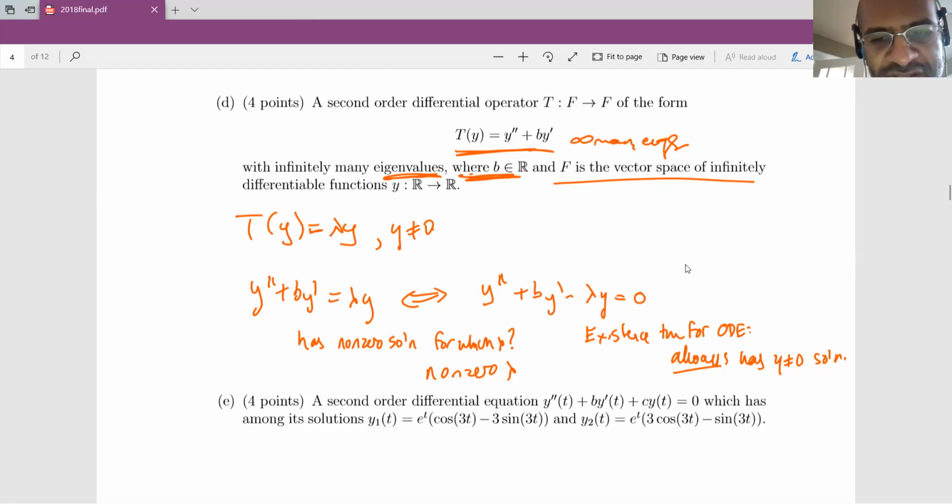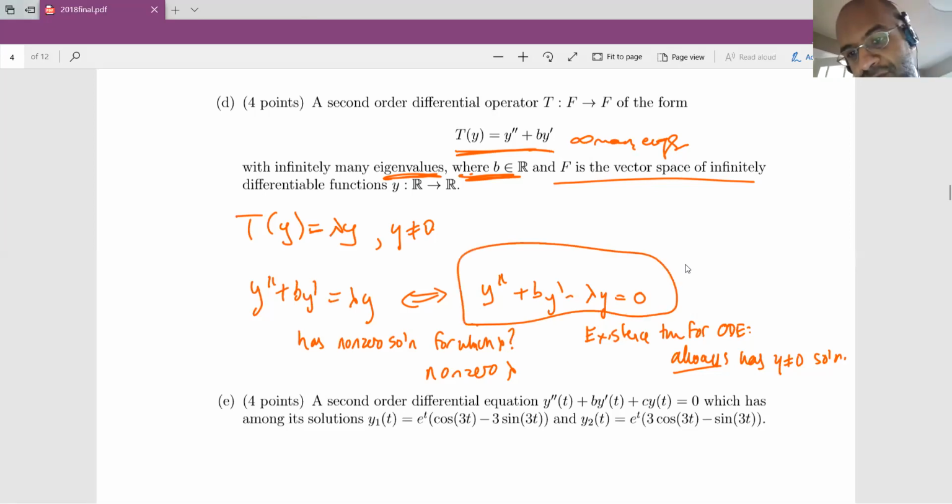The whole thing was just writing the question in this form, right? You rewrite the eigenvector equation. You say, oh, it's just a second order ODE, and those always have solutions. So that's it. Just take b equals 0, or actually any b.